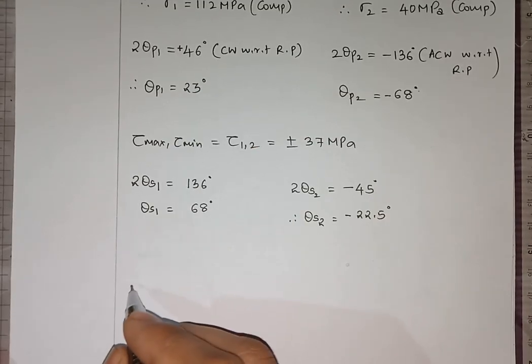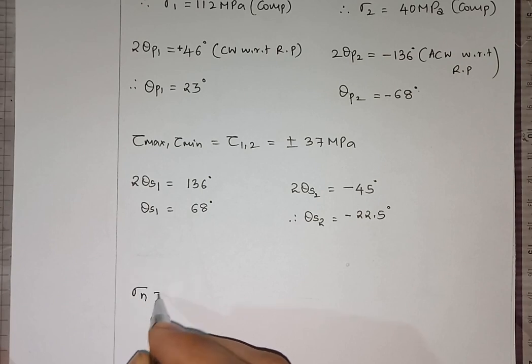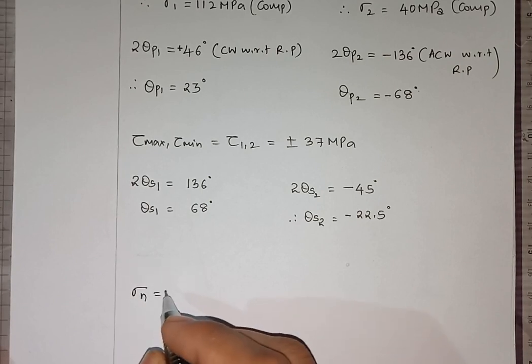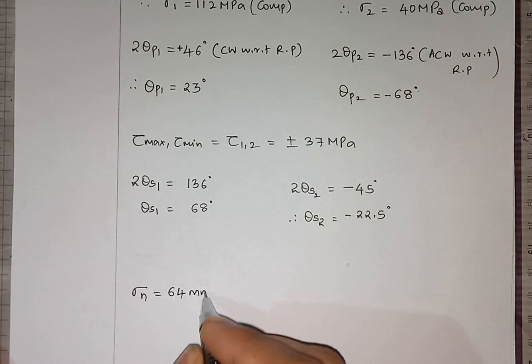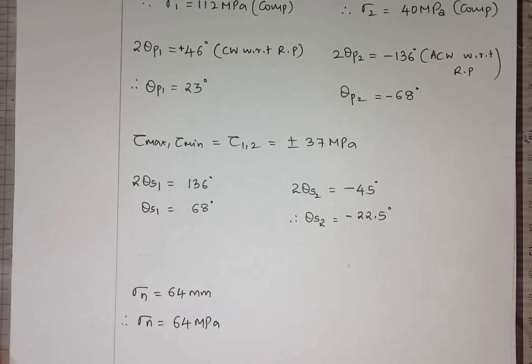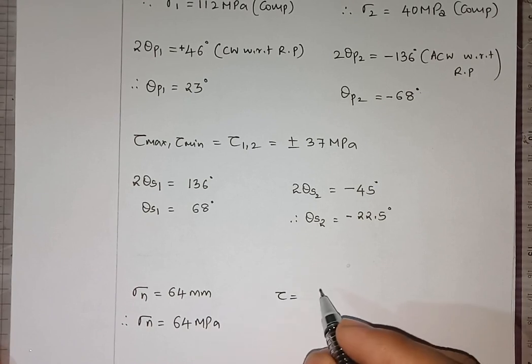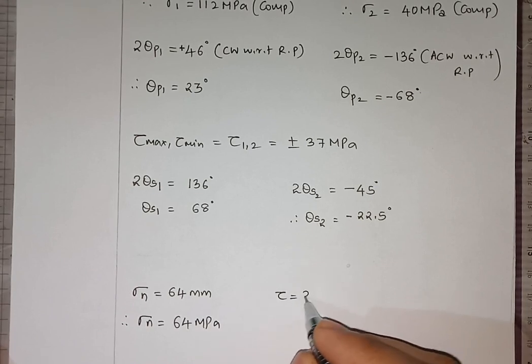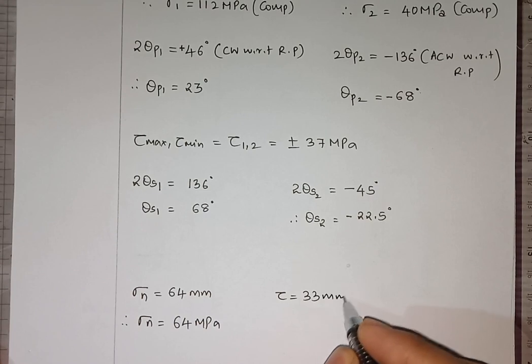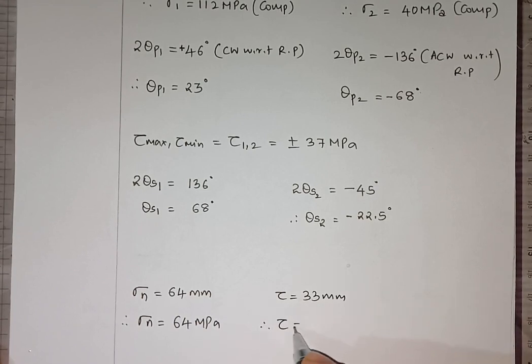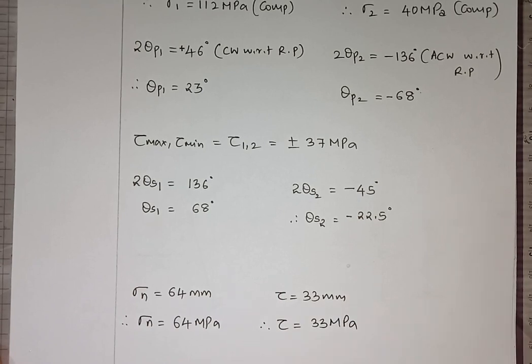So sigma n is equal to 64 mm. Now the tau value is 33 mm. So therefore tau is equal to 33 MPa.